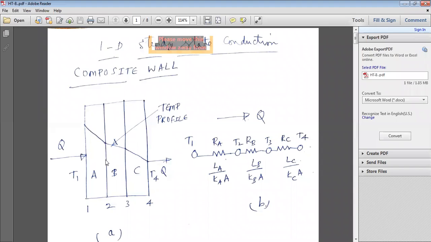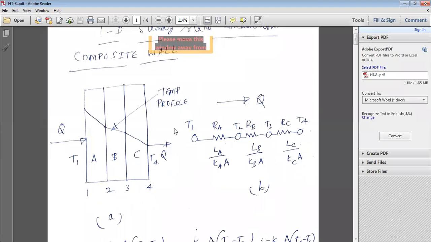Whatever heat is given to this composite material at the inlet, that much heat comes out. That's why the heat is the same through all three materials, at the entrance as well as at the exit. Here are temperatures T1, T2, T3, T4, materials A, B, C, and points 1, 2, 3, 4. This is a schematic diagram for a composite wall.